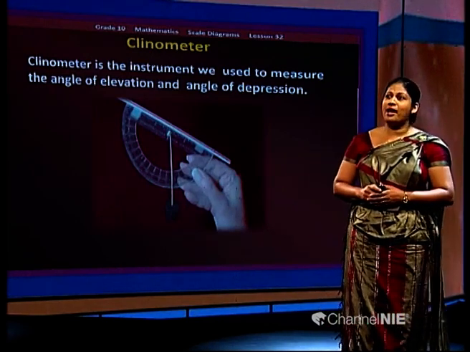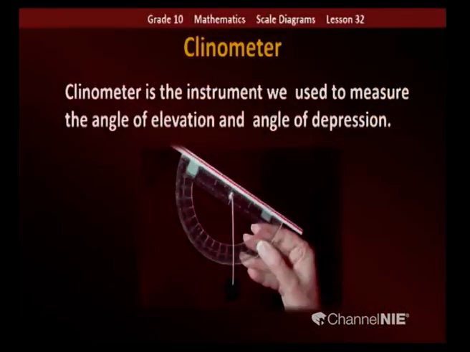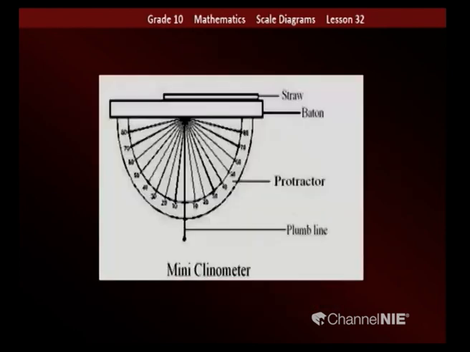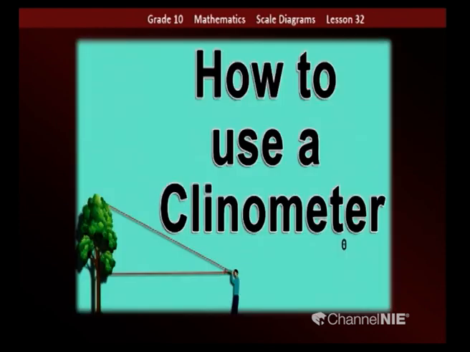In grade 9 you have learned the clinometer. That is the instrument we use to measure the angle of elevation. Now see, this is a mini clinometer. In grade 9 you made this. Now the problem is, how do we use the clinometer? What is the way of using the clinometer? We'll see.